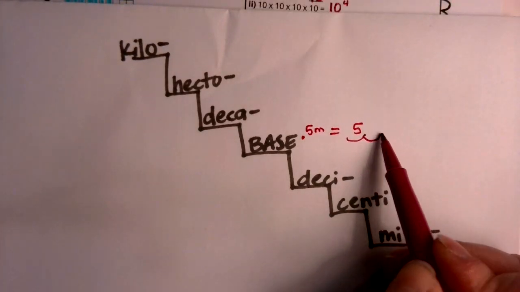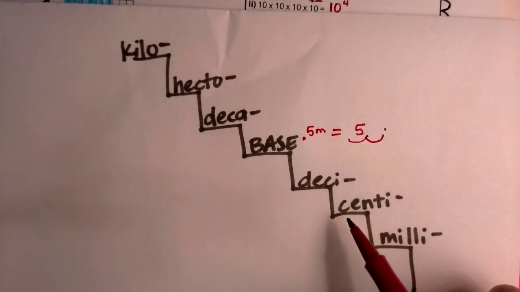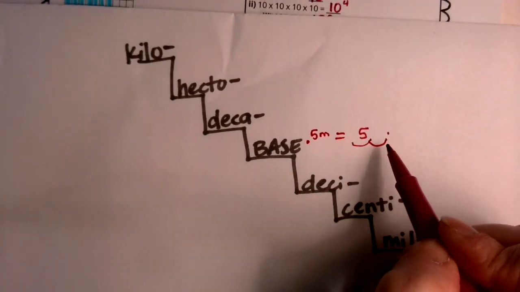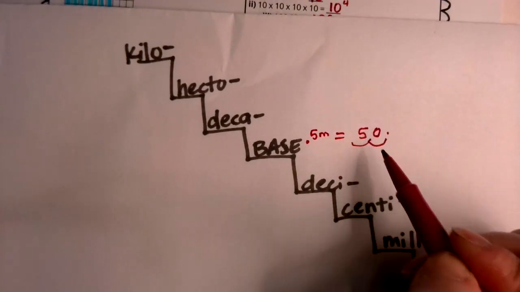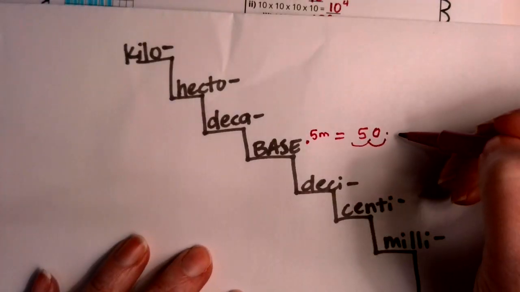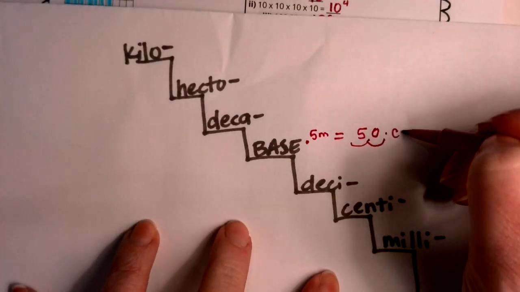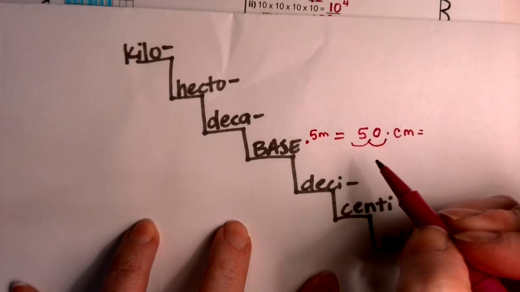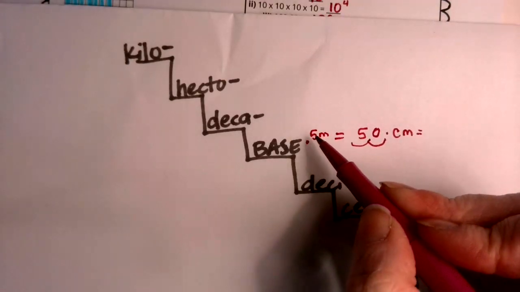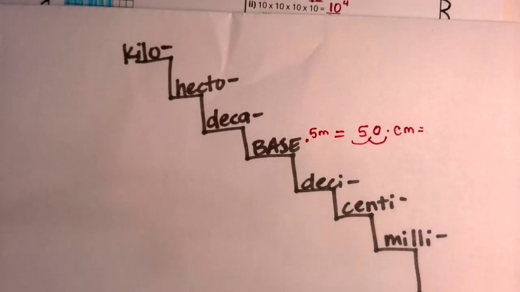This is like multiplying by another 10 to get to centi. Okay. I don't have a digit there, so I have to plug in a 0 as a placeholder, and that is centimeters. So far, I have learned that 5/10 of a meter is equal to 50 centimeters.